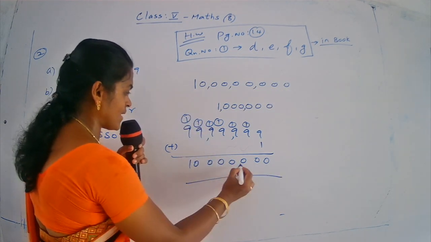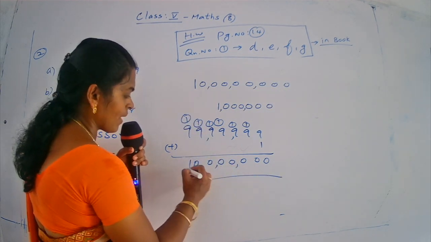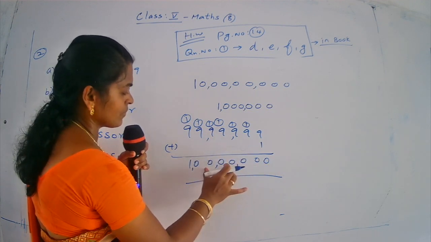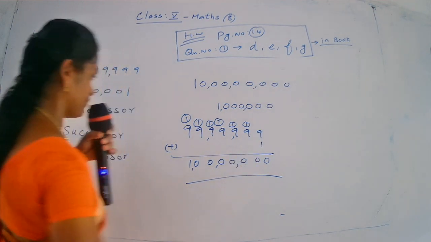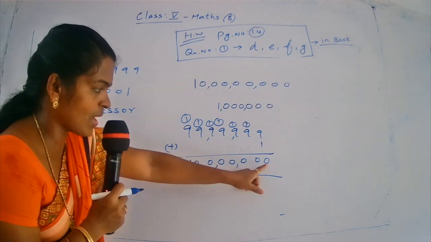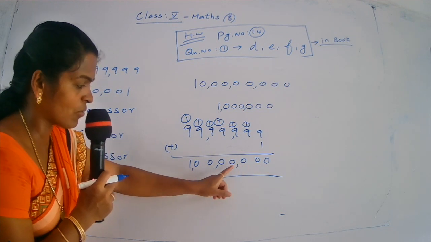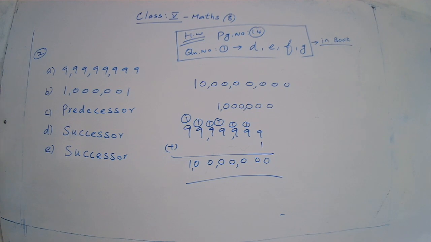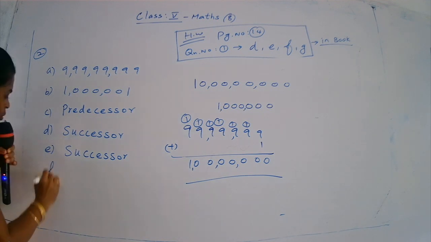So say the number: 1, 10, 100, 1000, 10,000, lakh, 10 lakh, crore. So the successor of 99 lakh 99,999 is 1 crore.